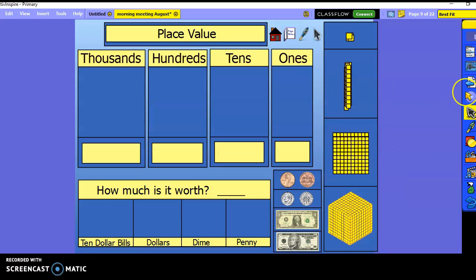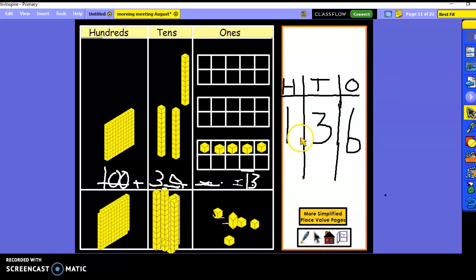Now we're going to go to our place value. 136. 136 has 100, 3 tens, and 6 ones. Right now I have 1, 2, 3, 4, 5. I need to add 1 more to make it 6 ones.